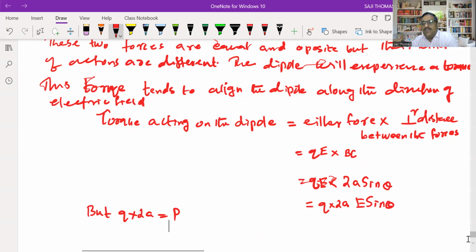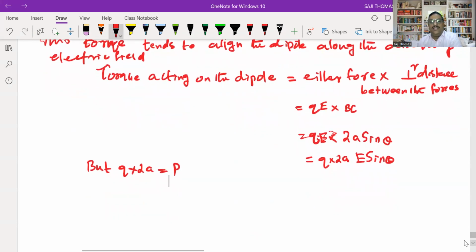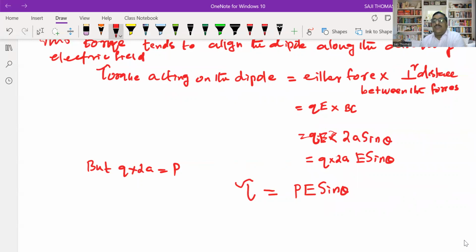So we can write the equation for torque. What is the symbol for torque? You know the Greek letter tau. Torque is equal to, instead of Q into 2A, P into E into sine theta. So this is the equation for the magnitude of the torque.